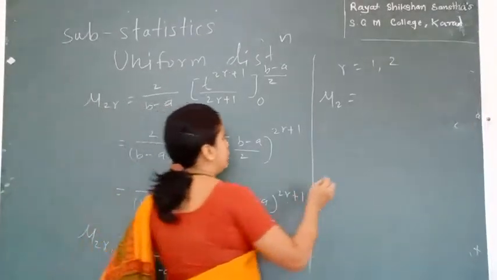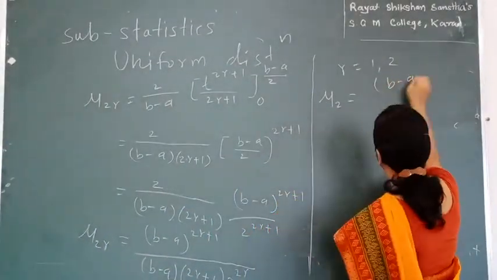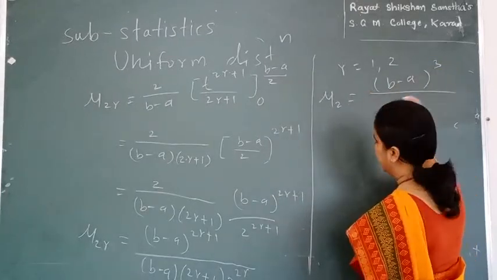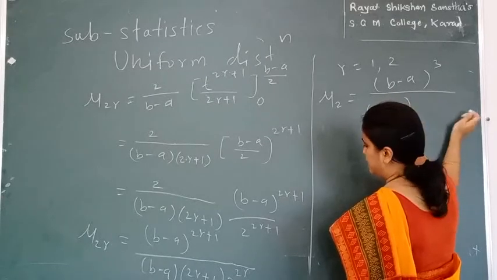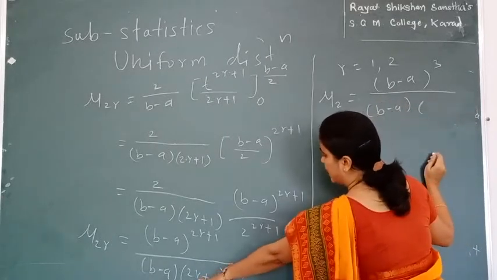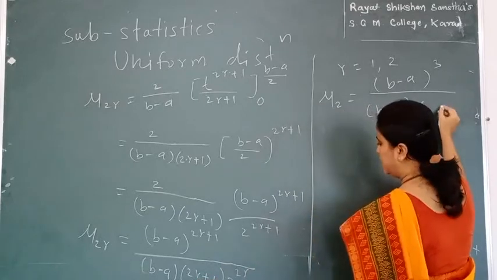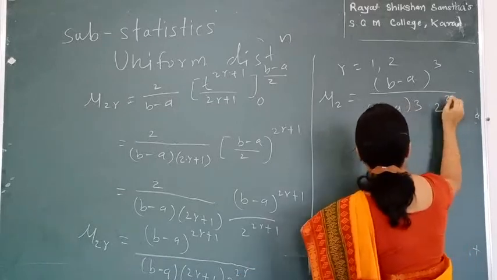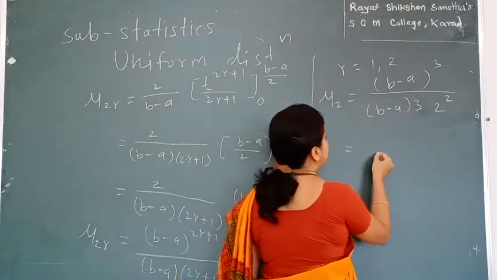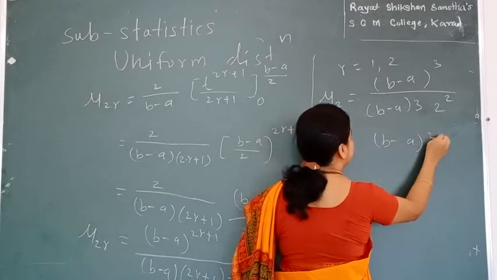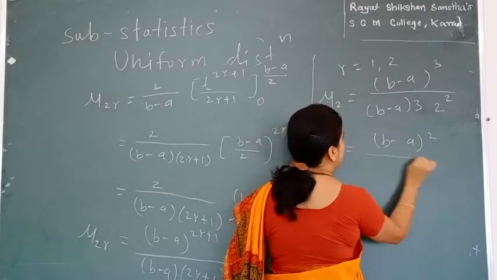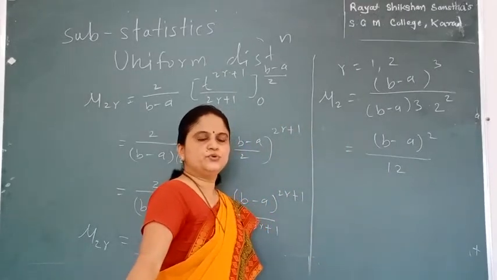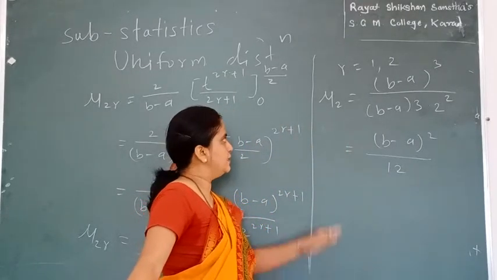If I put r equal to 1 in this equation, I get b minus a raised to power 3 divided by b minus a, and 2r plus 1 with r as 1 is 3, and 2 raised to 2. So after solving we get b minus a square, one b minus a gets cancelled, and the denominator is 12.